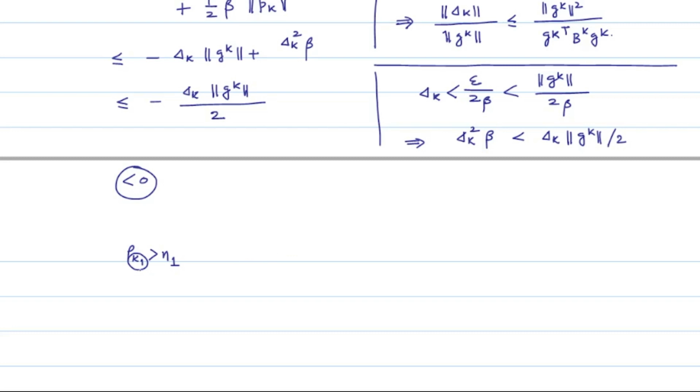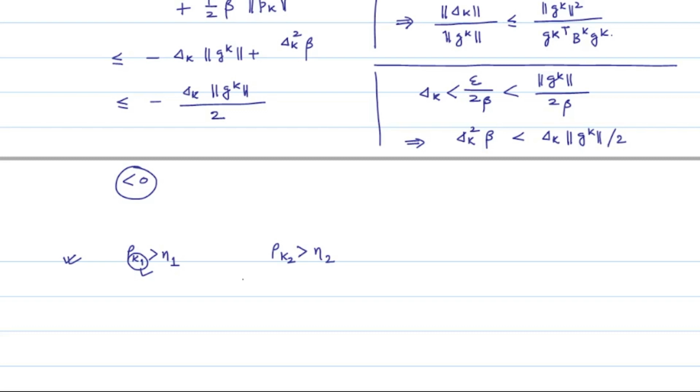So after finding an index k1, after at most finitely many iterations, you will again find k2 for which rho_k2 is greater than eta_1. And in fact, this result will prove the global convergence result.